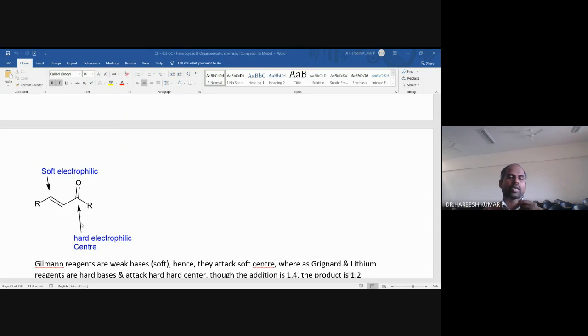Organolithium and organomagnesium attack this carbonyl carbon, whereas organocoppers attack only this fourth position. This is 1, 2, 3, 4, fourth position, and this is called a soft electrophilic center.